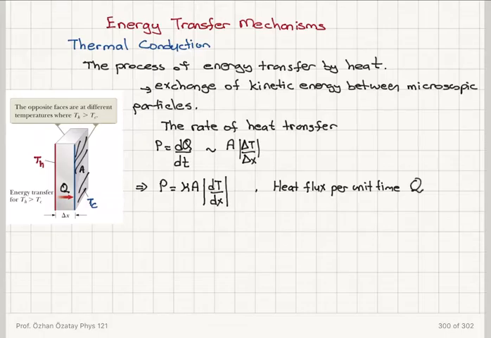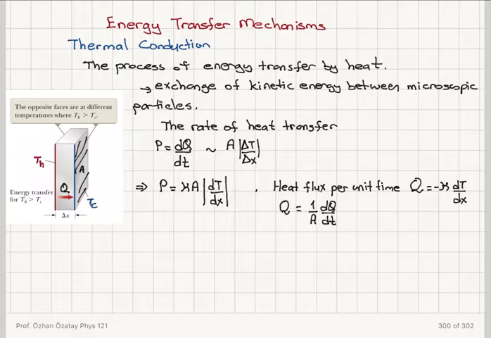So that's this funny Q. It is minus kappa dT/dx. So basically this heat flux per unit time is 1 over area times dQ/dt.